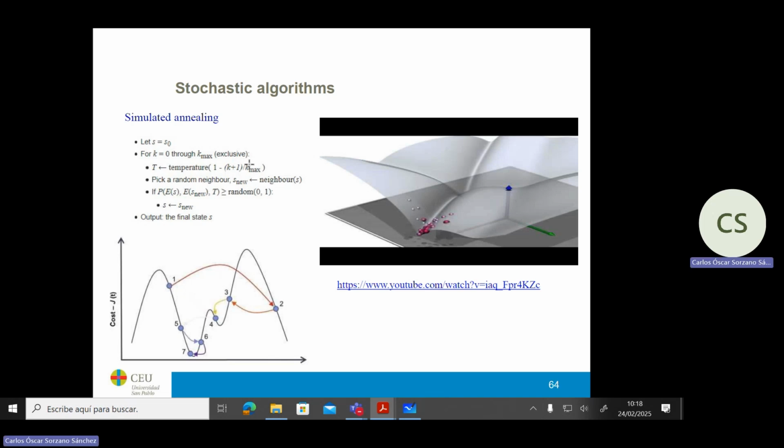So as it goes down, at the end, you will not make big jumps, but you hope to be in the global minimum. And it is called simulated annealing because it tries to simulate or mimic the behavior of atoms.